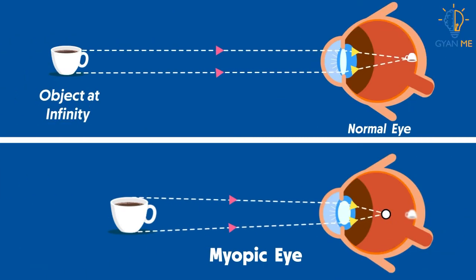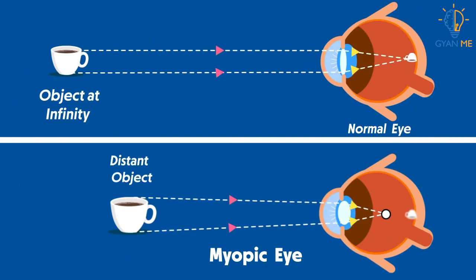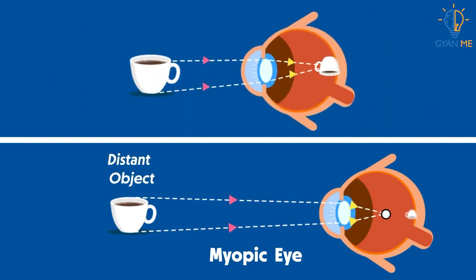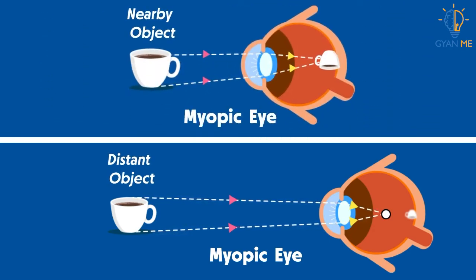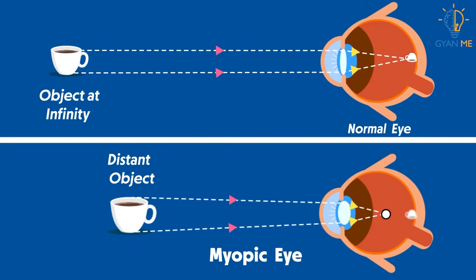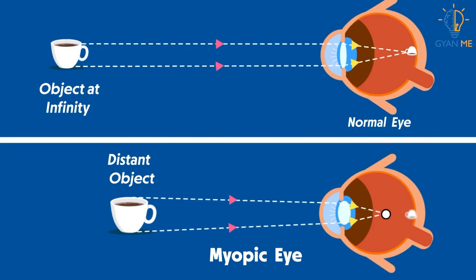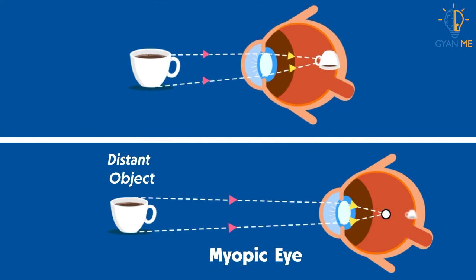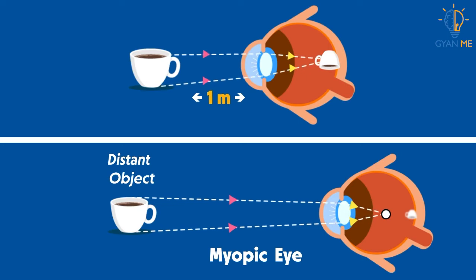We know that these people cannot focus on distant objects, but can clearly focus on nearby objects, isn't it? Yes. So what happens is the far point, which is infinity for the normal eye, reduces to say a few meters for the myopic eye, since they can see objects clearly up to this far distance only.